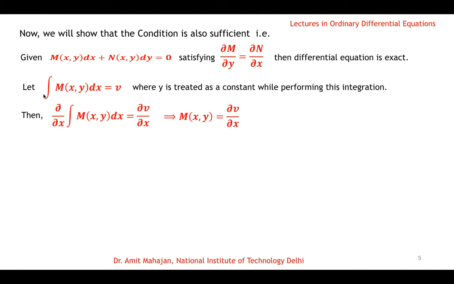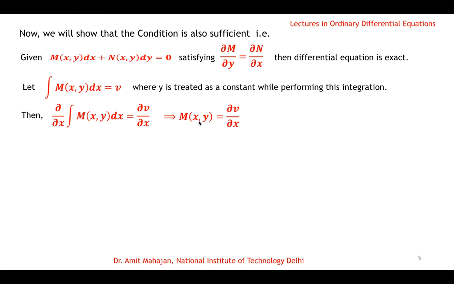So if I differentiate both sides with respect to x, then the derivative of this integral will be the partial derivative of v with respect to x, and because y is treated as a constant here, the derivative of the integral will be the M function itself. So immediately we have that M is the partial derivative of v with respect to x.